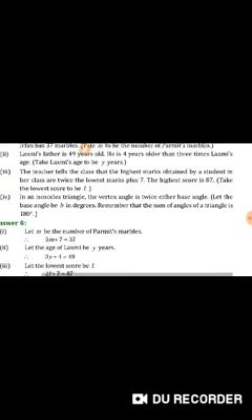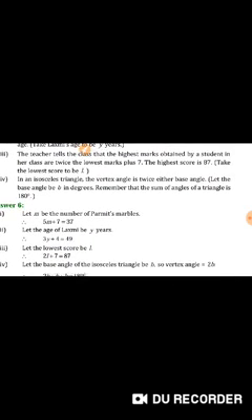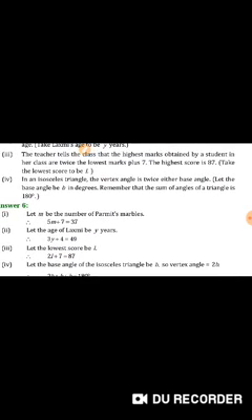Then third question. The teacher tells the class that the highest marks obtained by a student in her class are twice, okay, twice means 2 times. Here they are talking about the highest marks.